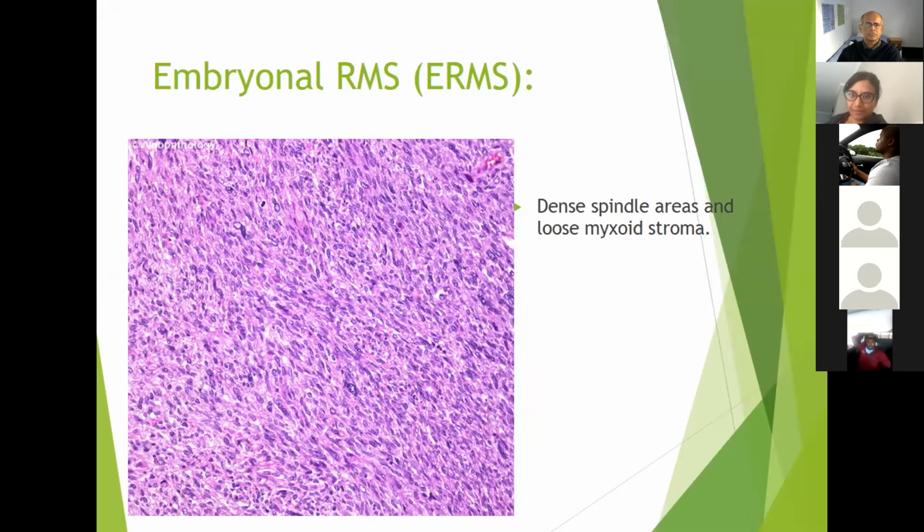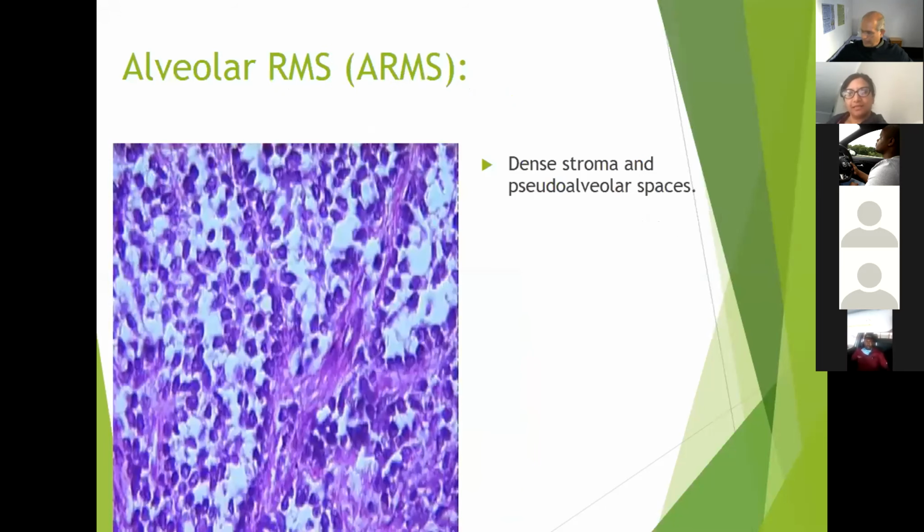And then you have your alveolar type, which shows a dense stroma with pseudoalveolar spaces. Under the microscope this slide shows these septae, and it looks like the alveoli of the lung, hence its name.